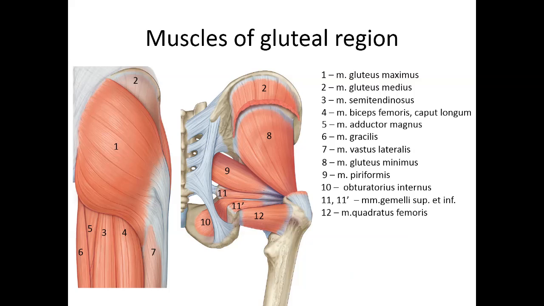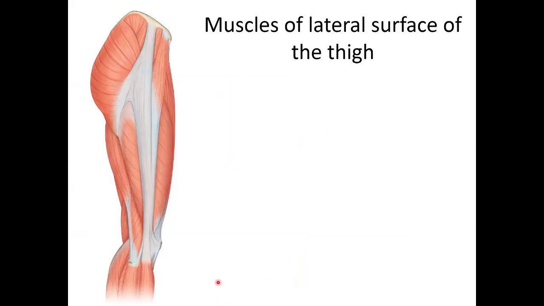So, musculus quadratus femoris is the last muscle in this scheme. And now let's try to watch this region from lateral aspect. Here it is, muscle of lateral surface of the thigh.